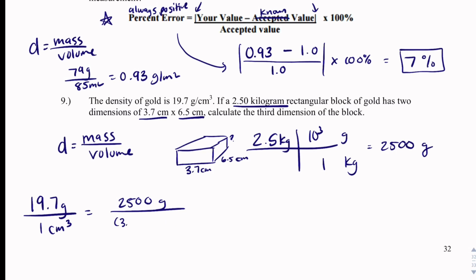We've got 3.7 centimeters, 6.5 centimeters, and I'll just call the last dimension, which is what we're trying to solve for, x, and it'll be in centimeters. So we're going to cross multiply. I'm going to take 19.7 times 3.7 times 6.5, and I'll plug that into my calculator now.